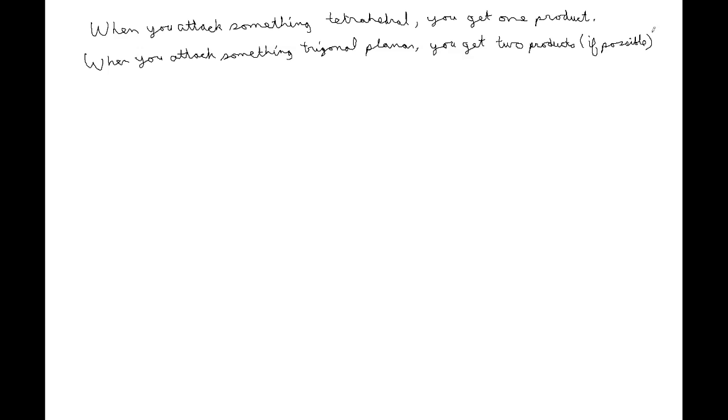All right, so here's an important rule that we'll be using on lots of reactions. If you attack something trigonal planar, you get 2 products. But if you attack something tetrahedral, you get 1 product.